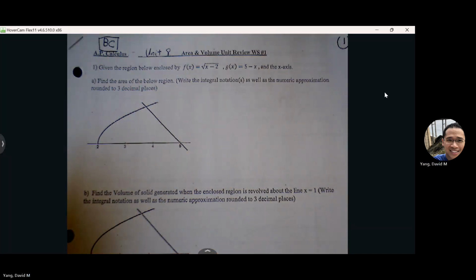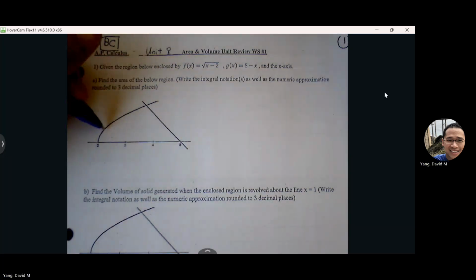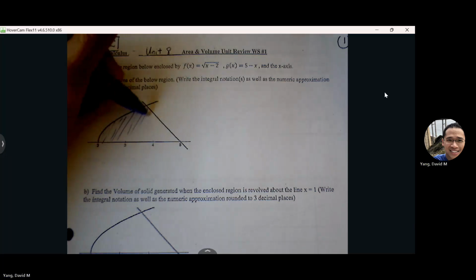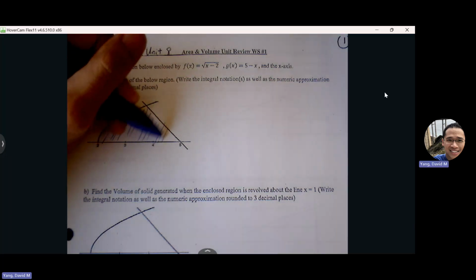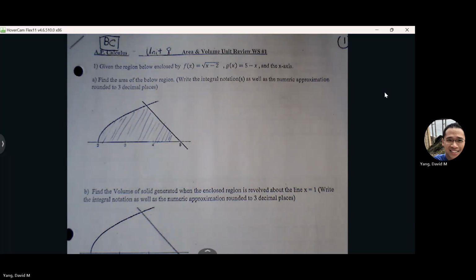Find the area of the region below. So I think our natural default should be, let's try top minus bottom first.